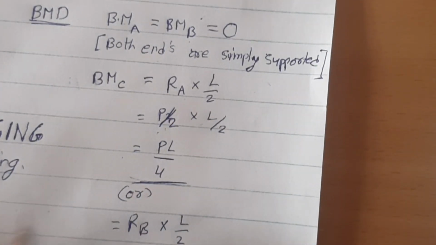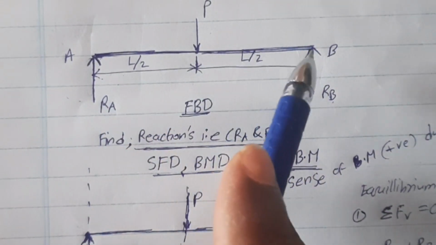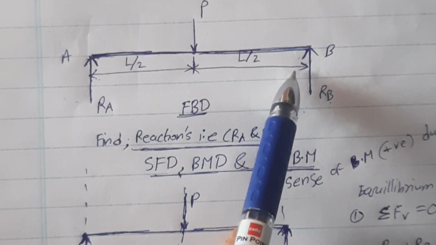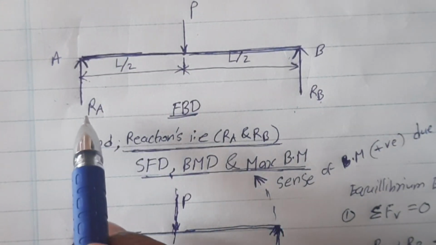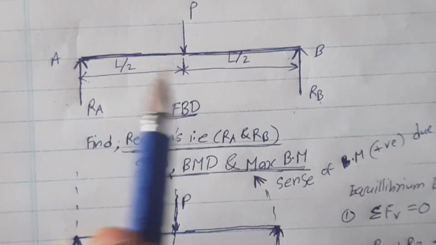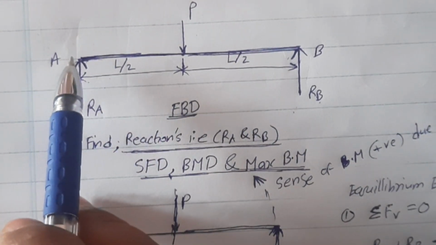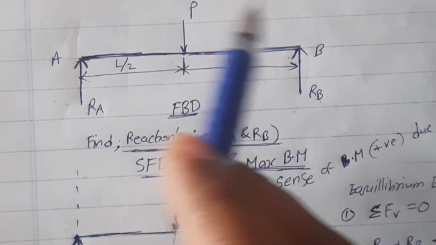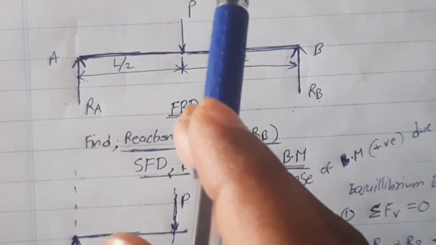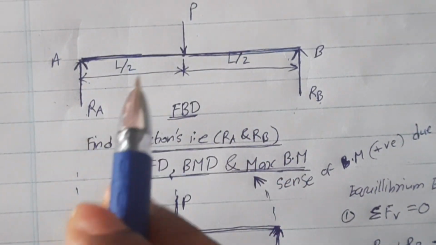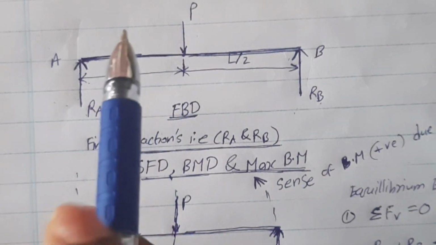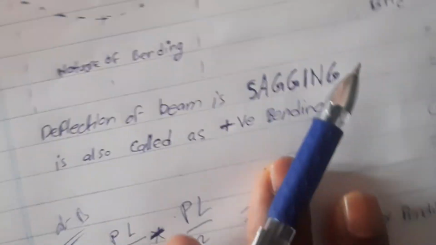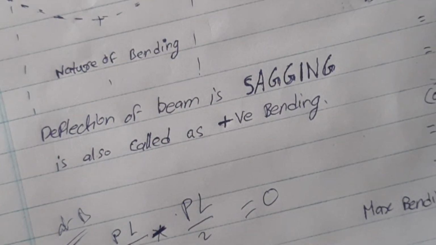So let us see the bending moment at point B. RA into the complete span, that means L, P by 2 into L, PL by 2, is the bending moment produced by the reaction RA at point B in the clockwise direction. So in the clockwise direction I have taken bending moment as positive, so I have written PL by 2 positive.